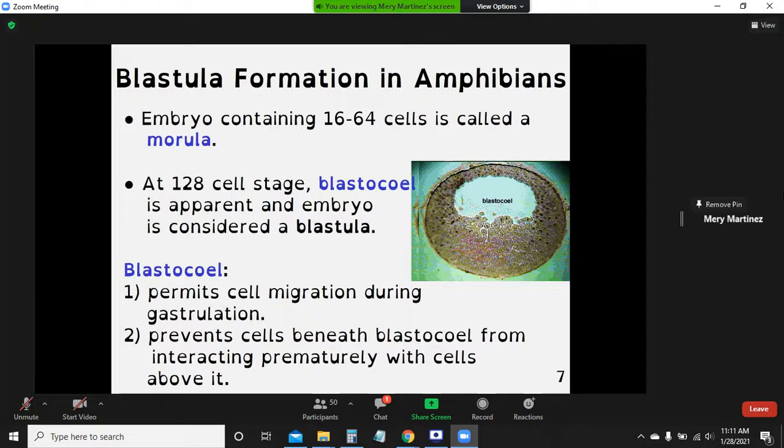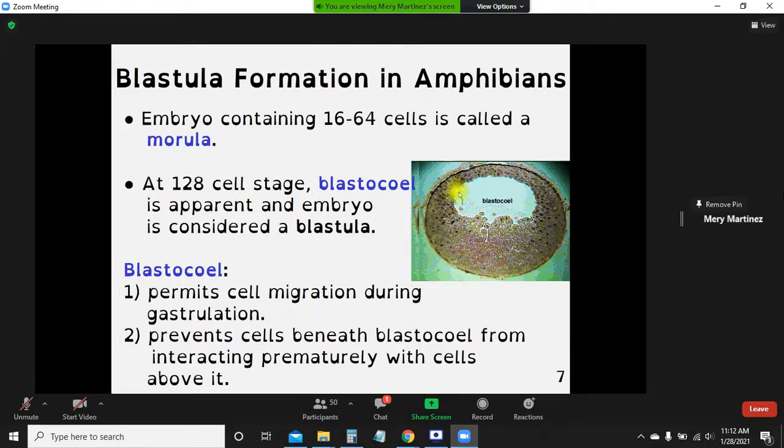At the stage of 128 cells, the blastocele appears. This is our blastocele, and we have about 128 cells, okay? The first cleavage furrow widens in the animal hemisphere to create that small intercellular cavity.